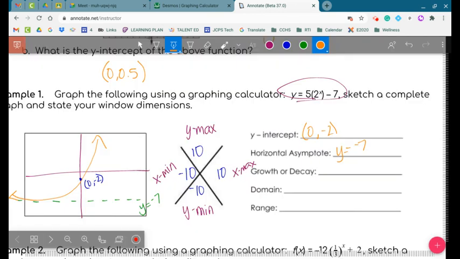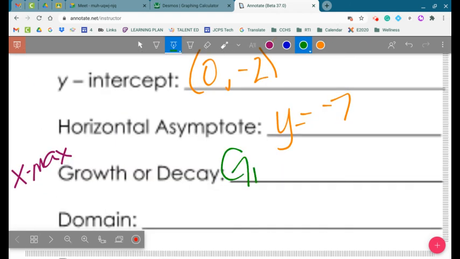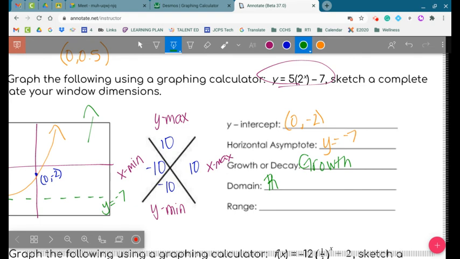This one was going up, so it is growth. Our domain is all real numbers. And then our range, it's at y is -7 going up, so it's going to be y is greater than -7.